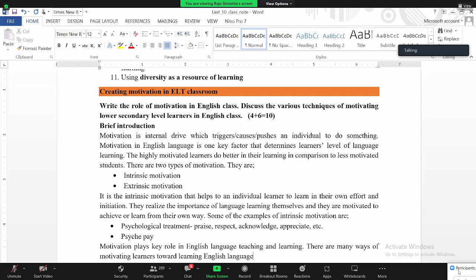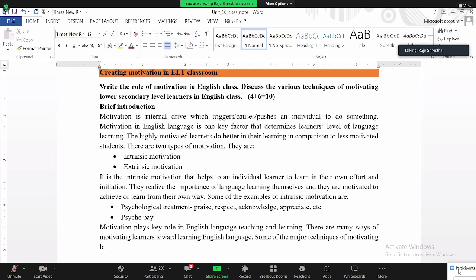Okay, some of the major techniques of motivating learners in English class are given below.